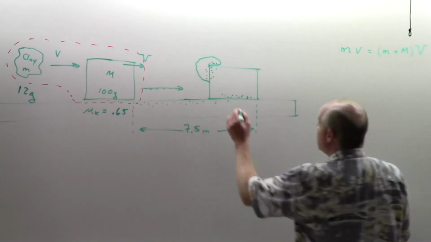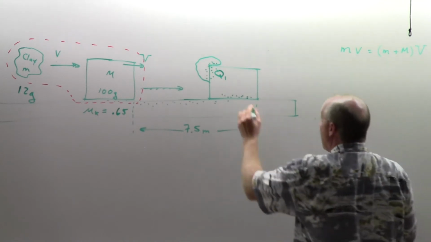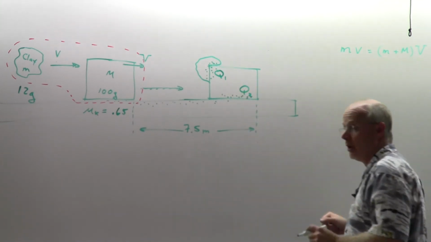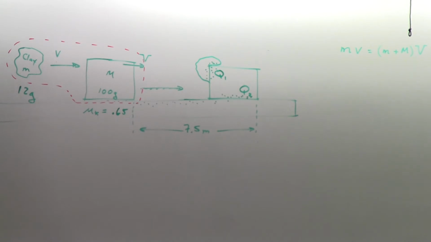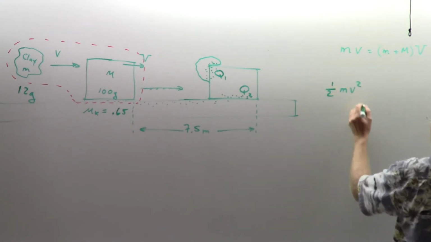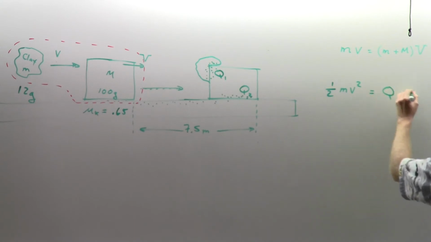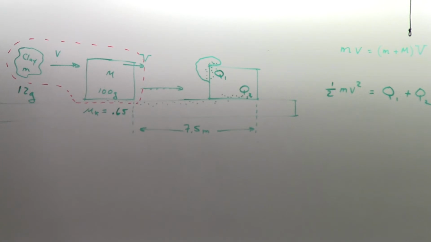If I call this Q1 the heat that's created during the impact, and Q2 the heat that is created while it is sliding, then looking at the whole picture, 1/2 mv squared is the kinetic energy before the impact. Where does that energy go? Some of it goes to the heat created upon impact, and some of it goes to the heat as it was sliding along.